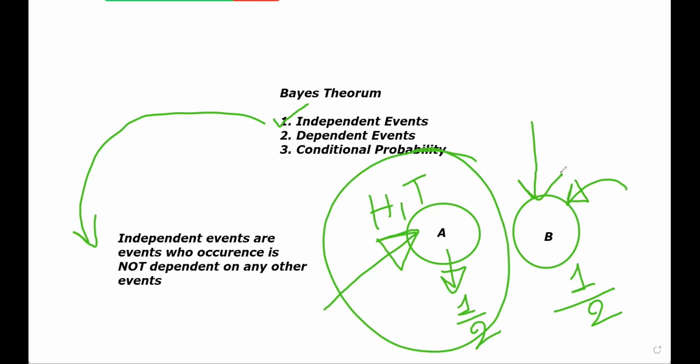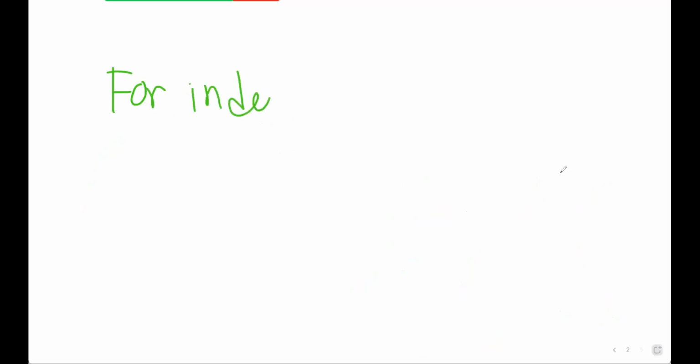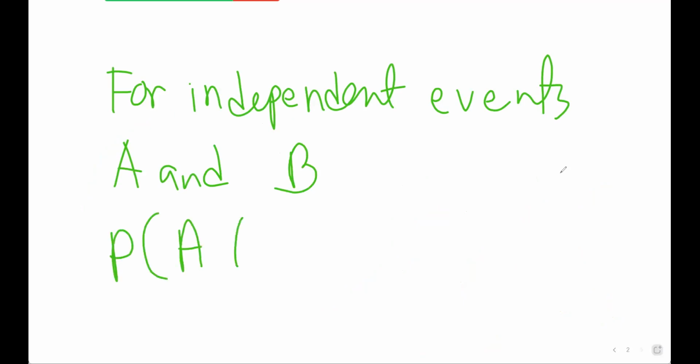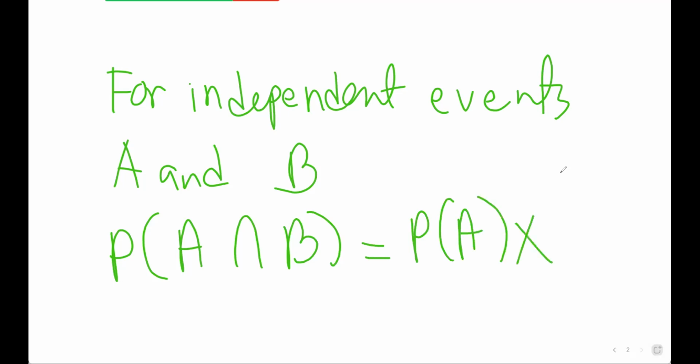And there's another thing that you need to remember: for independent events A and B, the probability of A and B, with this intersection sign, suggests the occurrence of both A and B. So the probability of both events A and B occurring can be found by multiplying the probability of the event A occurring by the probability of the event B occurring.